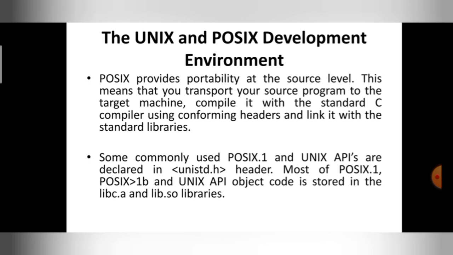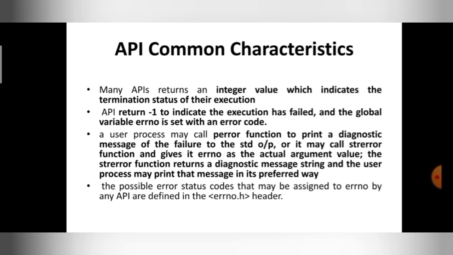Getting, guys? Next, some of the characteristics of APIs. See here, many APIs return an integer value. Whenever the API finishes the execution, it has to tell the operating system that it finished the execution. To tell that, the API is going to return some integer value.